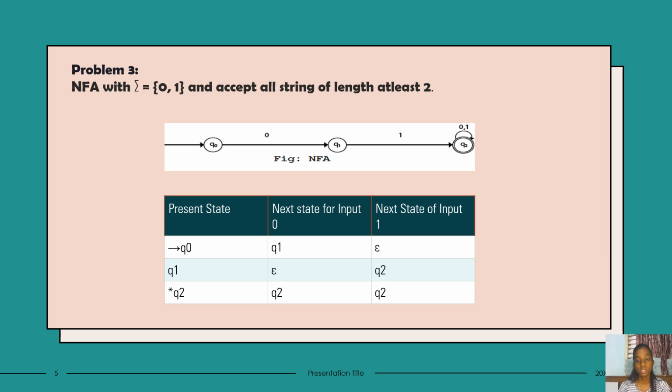In Q1 state there is no 0 so it will become null and it will go to the final state which is Q2. Q2 is the final state with a self loop of both 0 and 1. So this is how you mark the starting state and the final state.